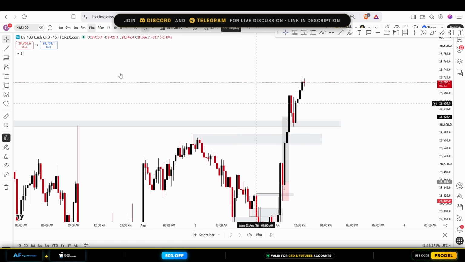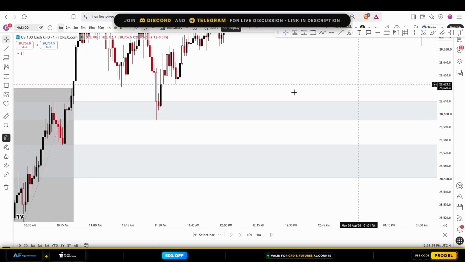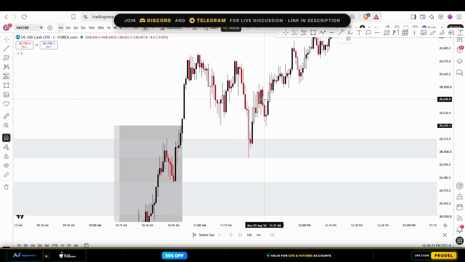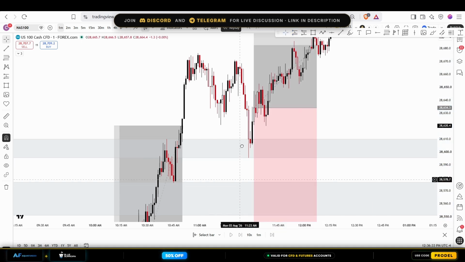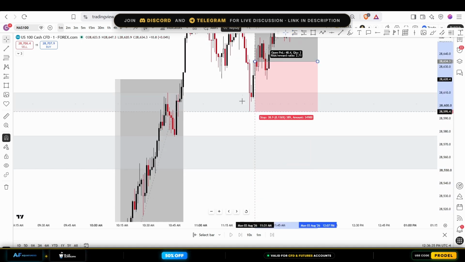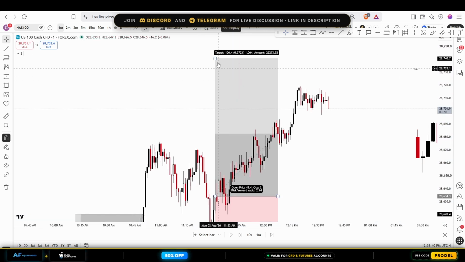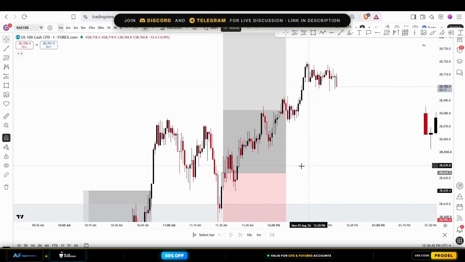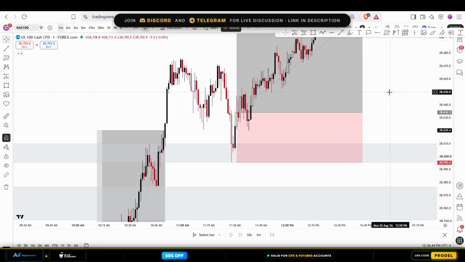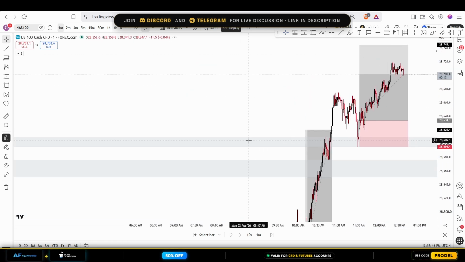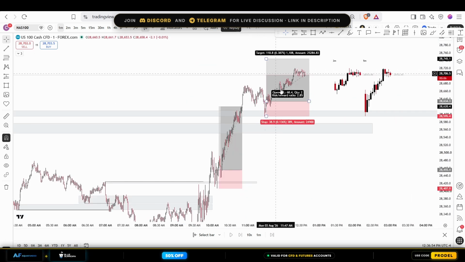You can see here, if we go to the 1-minute time frame, we got the inverse fair value gap here, and just took the trade here, and TP. Yeah, this trade is currently running, but I don't do this trade because this level is quite far from the current market. It worked actually fine.